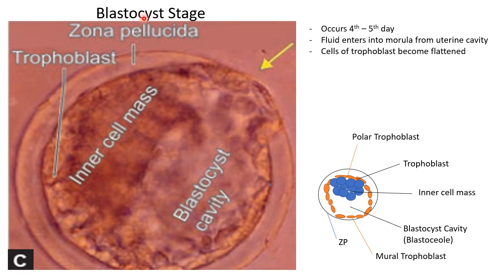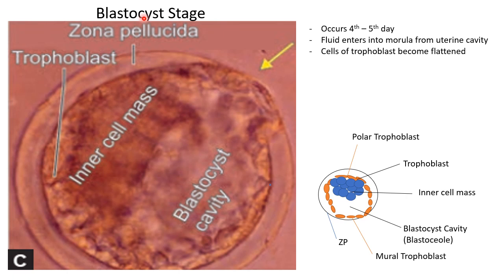The normal site of implantation is simply the posterior superior part of the fundus of the uterus. Okay, so that is where implantation should occur. So the zona pellucida prevents implantation in any wrong region until it reaches the uterine cavity.